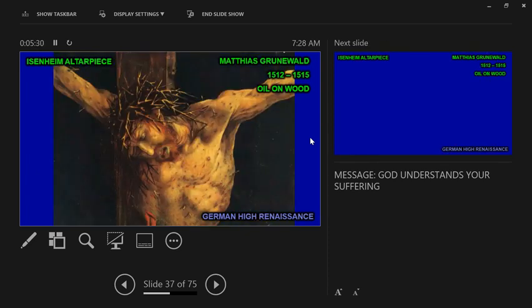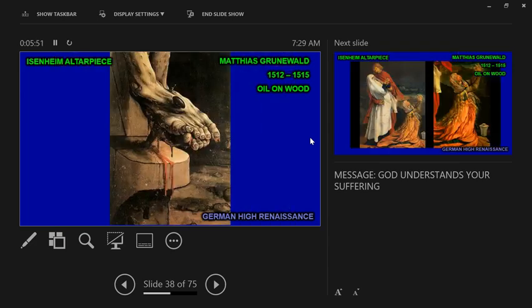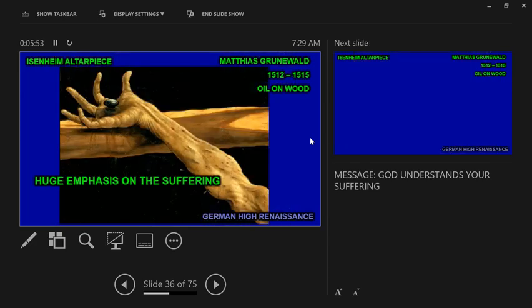And I want you to look close at the skin of Christ. He's got a bunch of thorns in his skin from the crown of thorns. But what else is going on with his skin? Yeah, he's got these spots. He's got St. Anthony's disease. And so the message here is that God understands your pain.